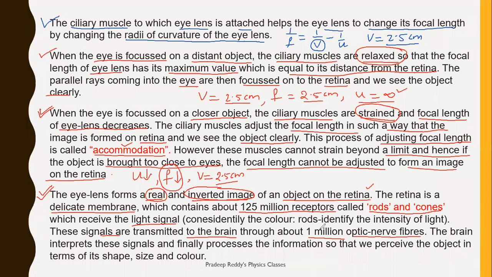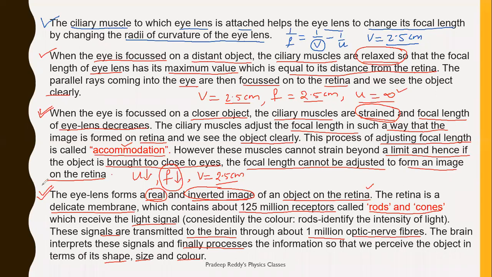Those signals are being transferred. The brain interprets these signals and finally processes the information so that we perceive the object in terms of shape, size, and color.